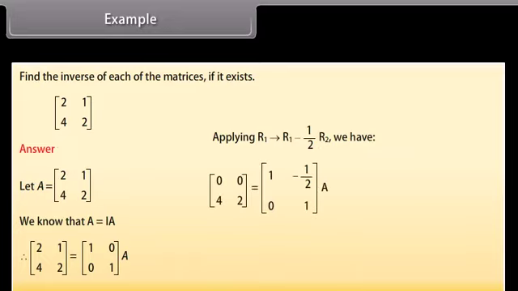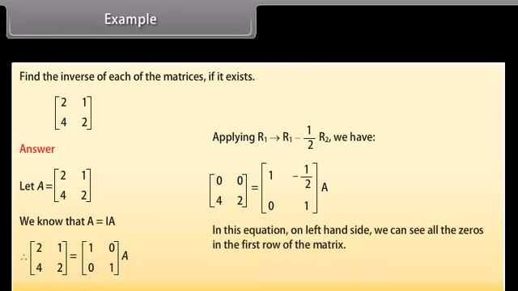Therefore, [[2, 1], [4, 2]] is equal to [[1, 0], [0, 1]] into A. Applying R1 changes to R1 minus 1 by 2 of R2, we have the matrix [[0, 0], [4, 2]] is equal to [[1, -1/2], [0, 1]] into A. In this equation, on the left-hand side, we can see all zeros in the first row of the matrix. Therefore, A inverse does not exist.